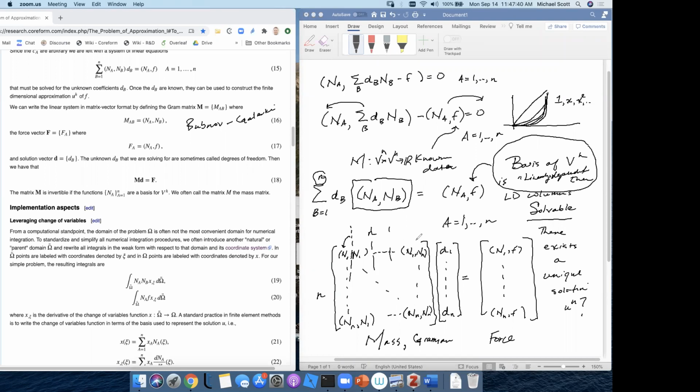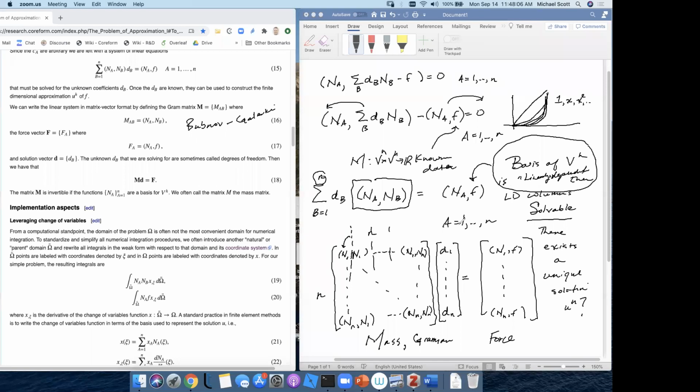This is a really big deal, especially when we get into splines, where linear independence is not trivially satisfied. The basis you choose to discretize your space with has to be linearly independent, or every linear system you generate from it will not be solvable. So that's a hard constraint.